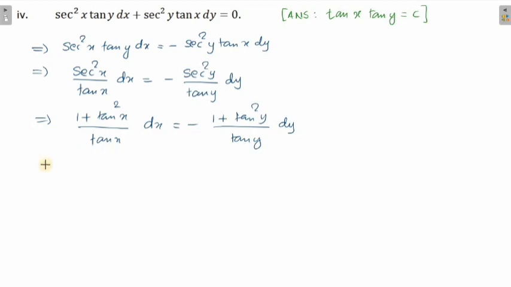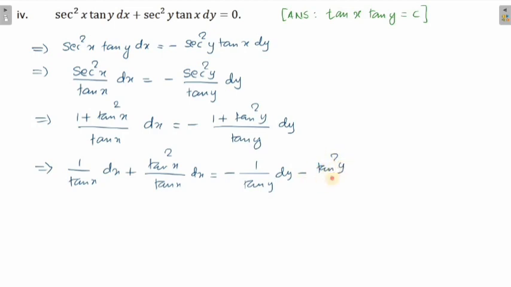Open the bracket, so you get 1 by tan x dx plus you get tan square x by tan x dx. You can do the same thing out here. So you get 1 by tan y dy, minus into plus is minus tan square y by tan y dy.